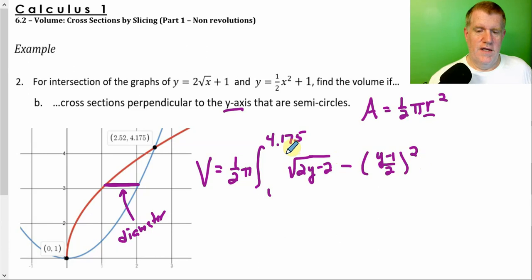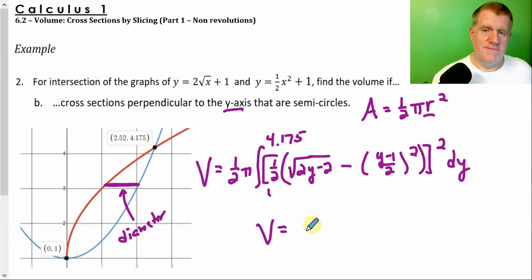Right? That's my distance, but I want half of it. Then what I'm going to do with that whole thing, I'm going to square it. Again, I'm sorry for the ugliness of that one, but, you know, school's almost over. We can do a couple ugly problems, right?